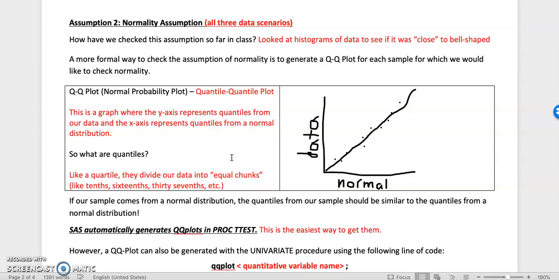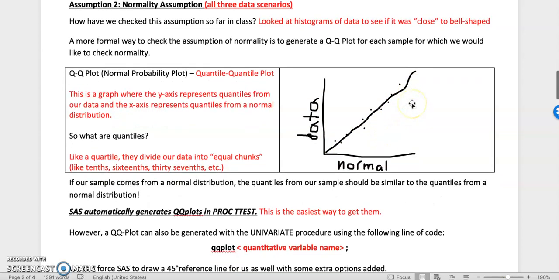Instead of dividing our data into quarters, it'll divide our data into some sort of equal chunks: tenths, sixteenths, 37ths, hundredths, whatever you might look at. What we're hoping to see is this 45-degree line. If our data really did come from a normal distribution, we would expect it to be spaced out about the same way a normal distribution would be, and the points on this QQ plot would fall roughly along a 45-degree line.